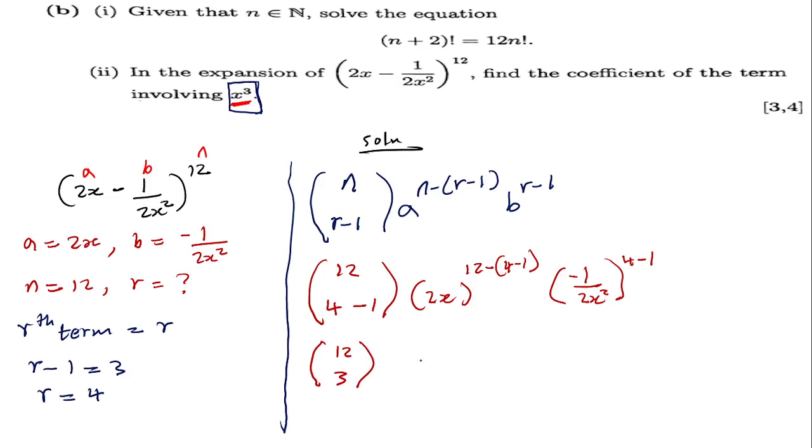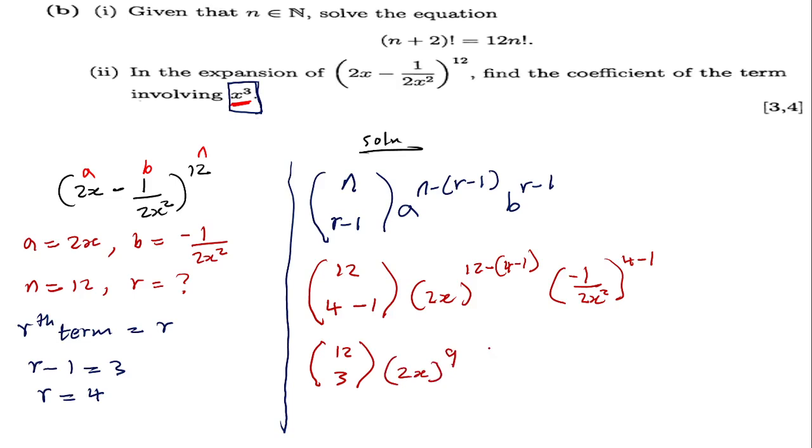Then you're going to subtract those two guys inside. So 4 minus 1 is simply 3, and then 12 minus 3 is simply equal to 9. So you're going to have 2x to the power 9.